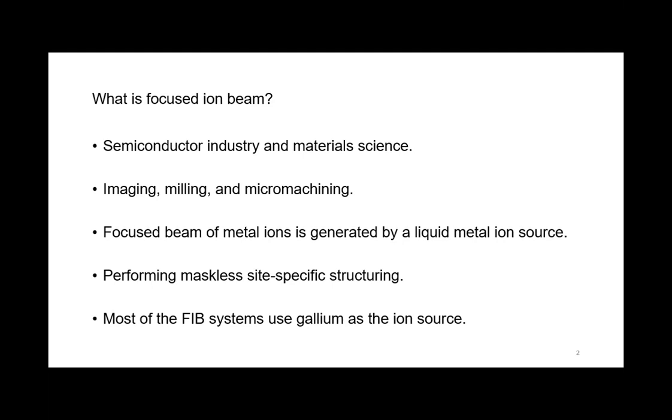In this technique, they used to use gallium as the ion source. Why do they use gallium as the ion source? Because it has a low melting point. A low melting point means it can melt even at around 30 Celsius. So this is one advantage of using gallium as the ion source in this technique.